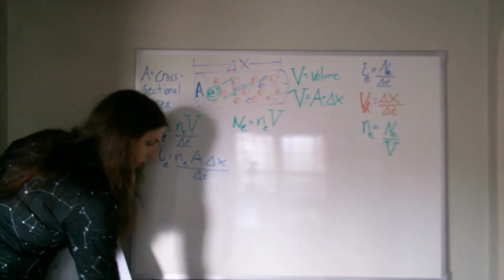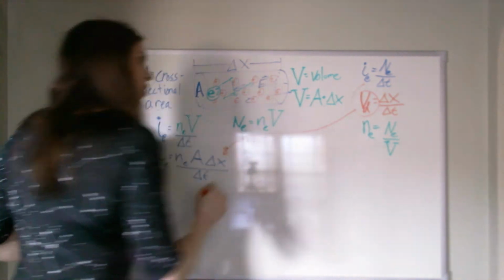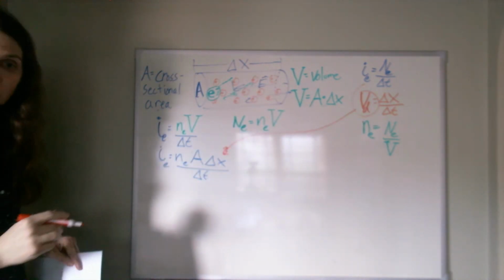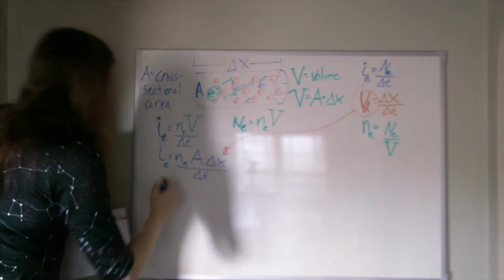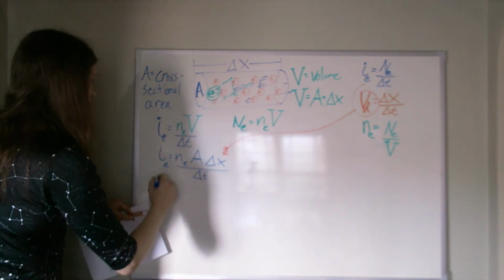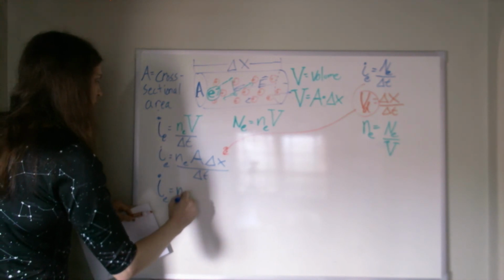And then we had defined the drift speed as that change in position over change in time. So then that makes it so we can relate our electron current to that drift speed.